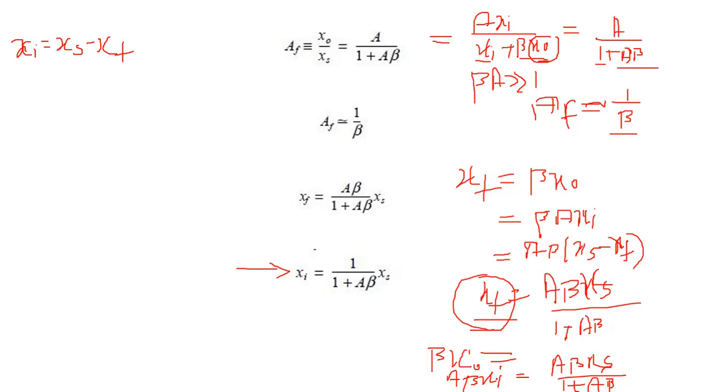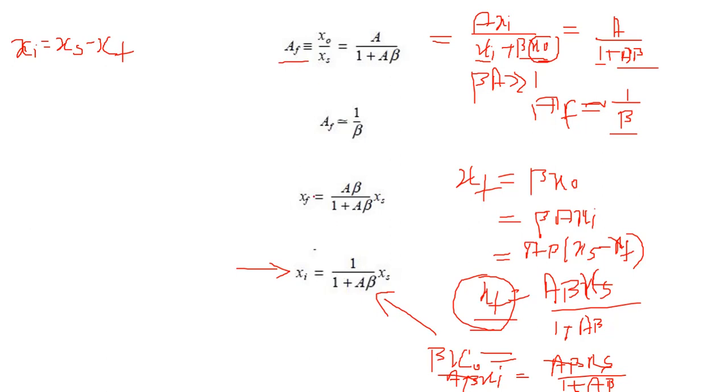What will be Xi? This A beta can be cancelled off. So Xi is Xs divided by 1 plus A beta.